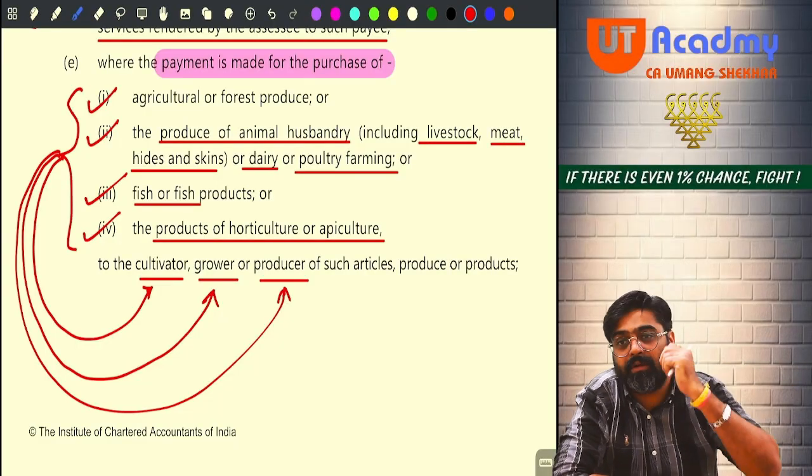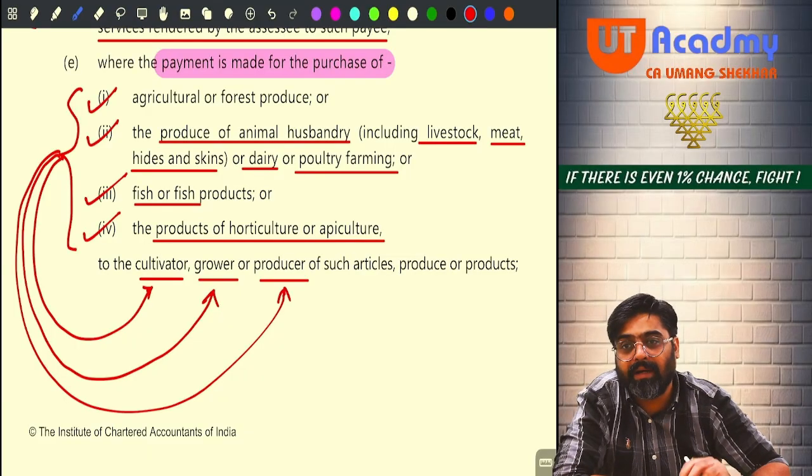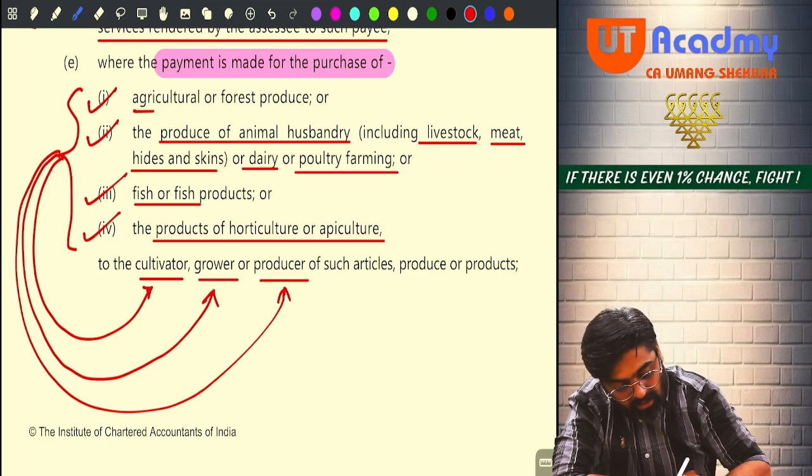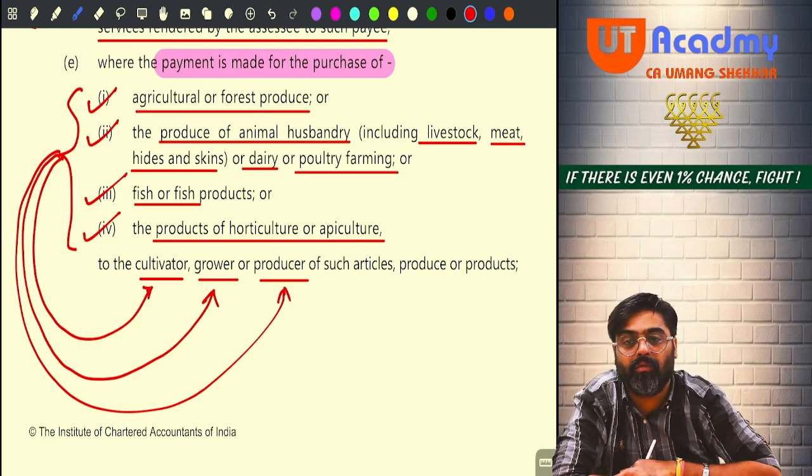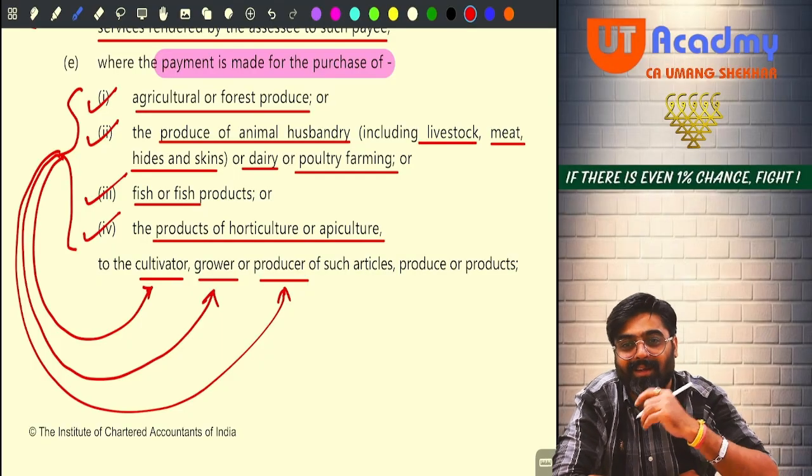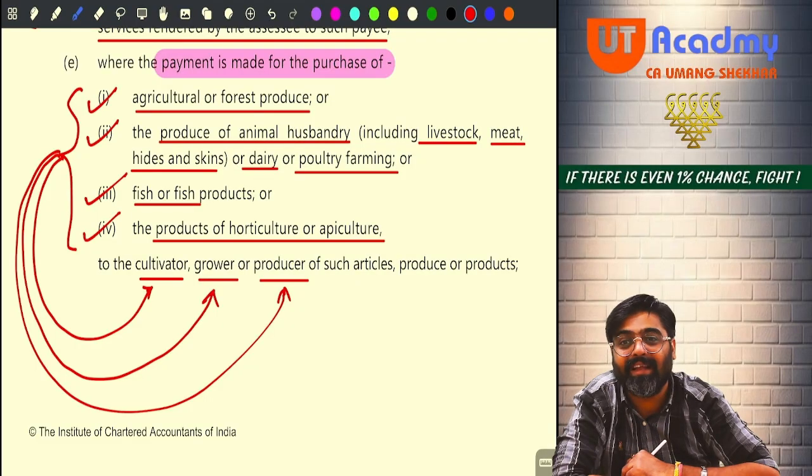What items are covered? Please check. Agriculture or forest produce. So any agricultural or forest produce you are buying for your business or profession, and for that you are making the payment to the cultivator or the grower, or the producer of that item.